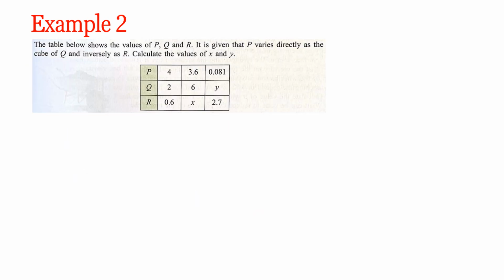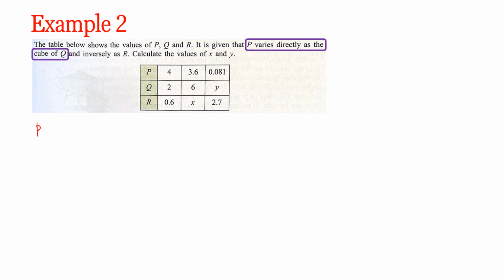We look at example 2. This table shows the values of p, q, r. It is given that p varies directly as the cube of q and inversely as r. Calculate the value of s and y. What you need to do first is write the variation relation.